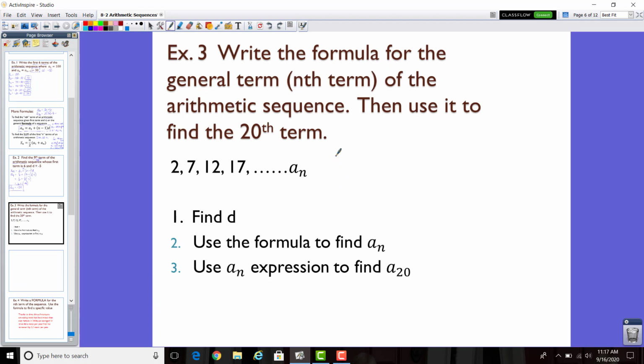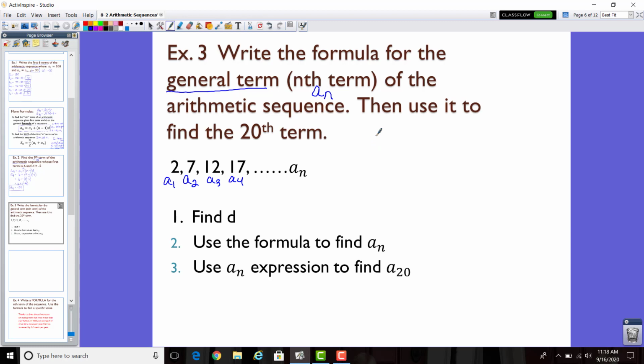Another example, this one says write the formula for the general term. General term represents the nth term, which means we're looking for a sub n. What is that expression that is used to find the value of 2? What did I plug the number 1 into to get the value of 2? What did I plug number 2 into to get the value of 7? This represents the first term, second term, third term, and fourth term.